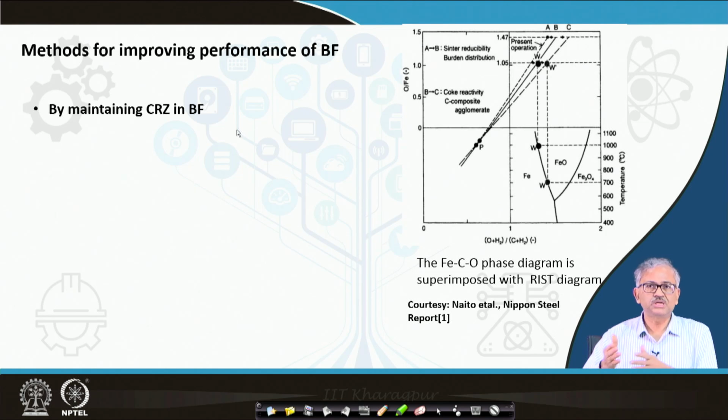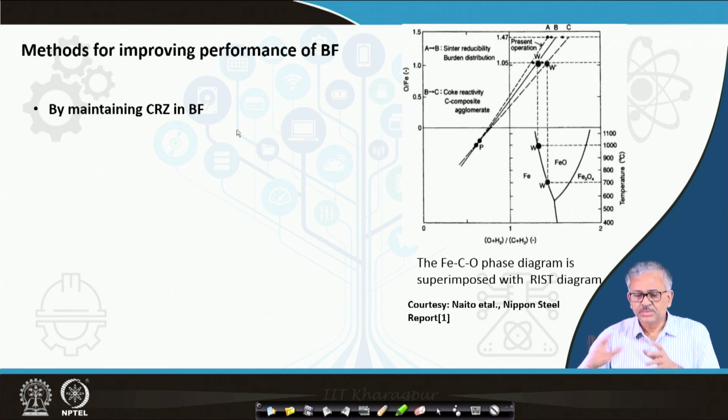Wustite reduction has a very low CO utilization efficiency. There is 70% CO in equilibrium. So in the CO-CO2 mixture there will be 70% CO in equilibrium, and when that CO moves up, it will take out the oxygen from the higher oxide and then come out. So we have shown that your thermodynamic efficiency will depend on that.